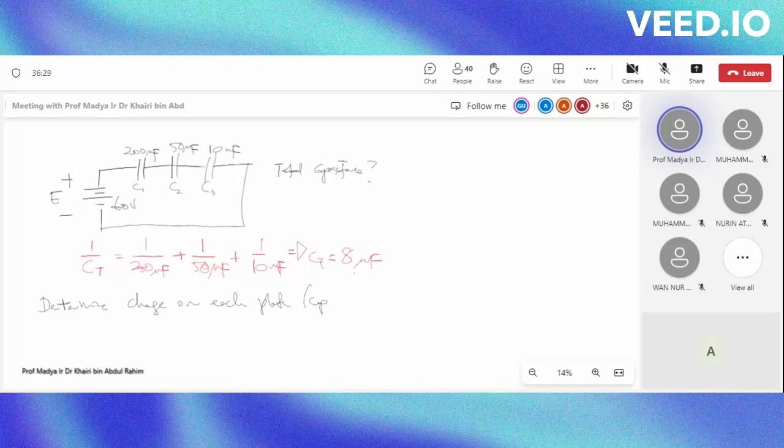Plate means capacitor. So it's actually very similar.